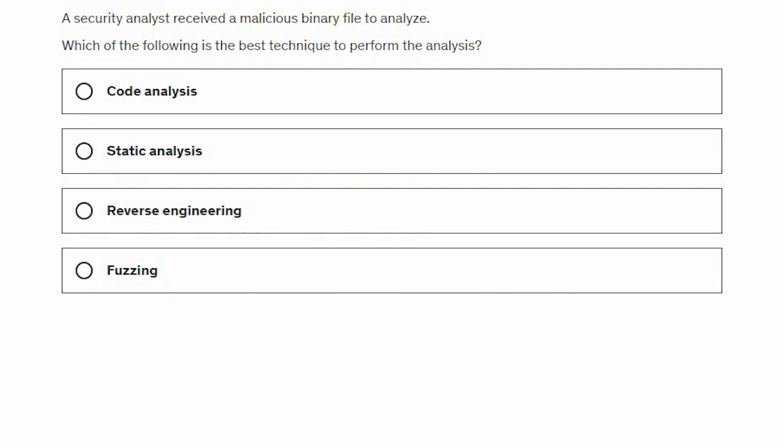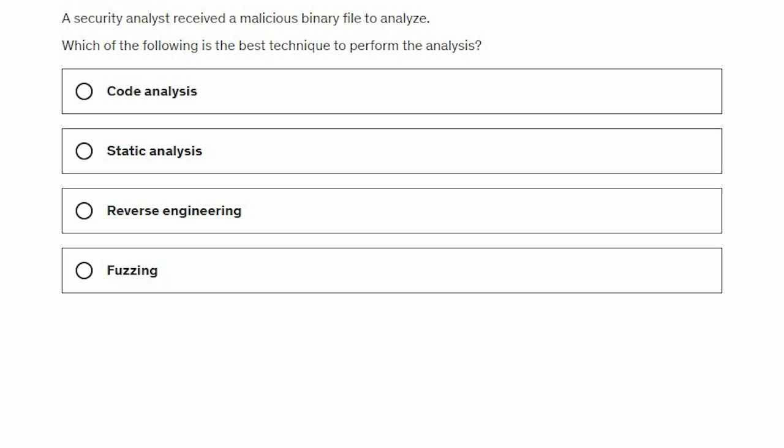Question number 6. A security analyst received a malicious binary file to analyze. Which of the following is the best technique to perform the analysis? A. Code analysis. B. Static analysis.